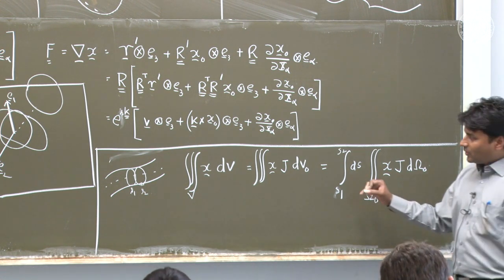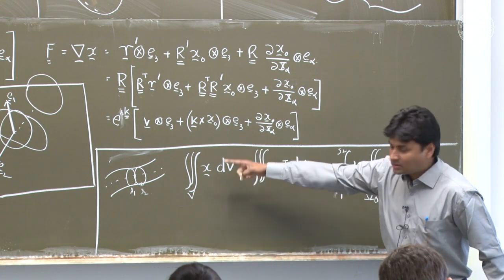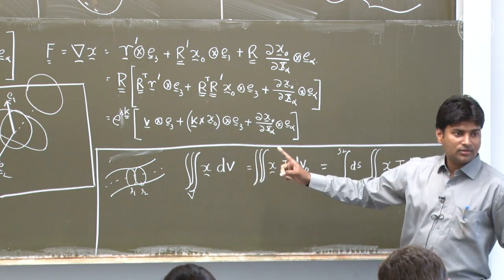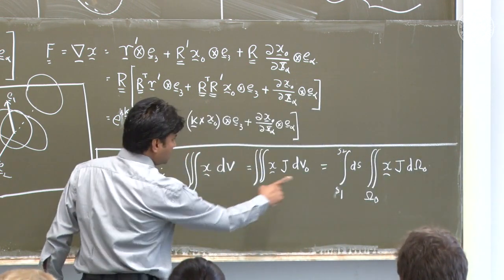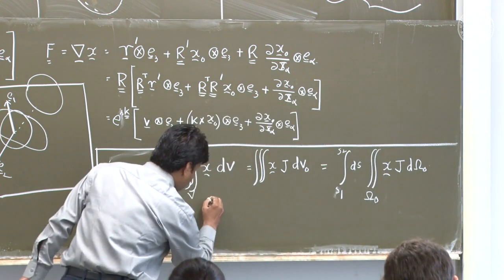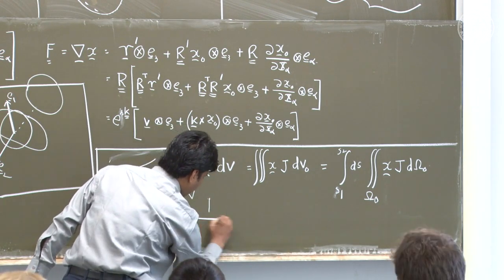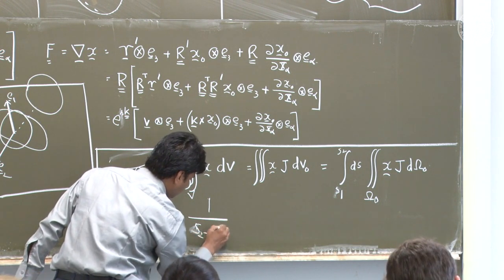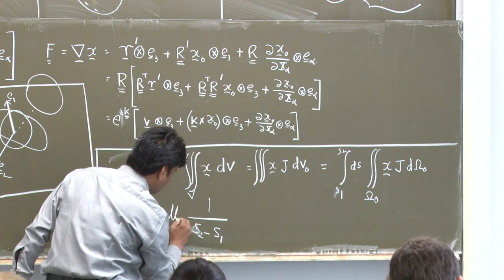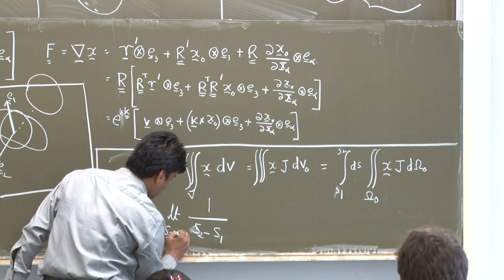And then because I want only the centroid of a cross section, I divide that number by S2 minus S1 and then take the limit S2 tending to S1.